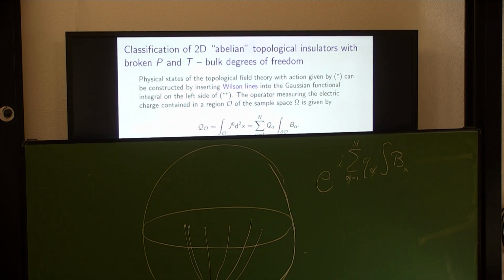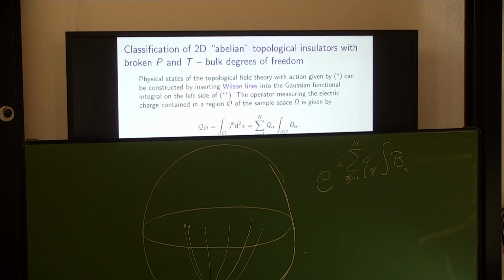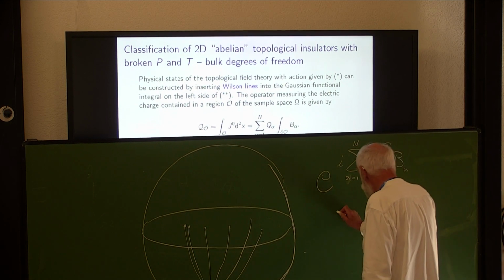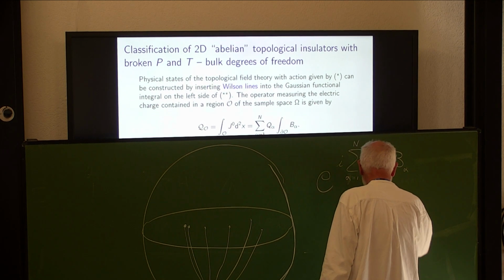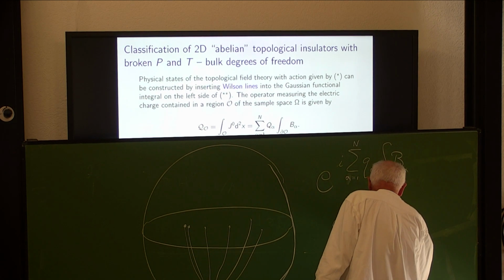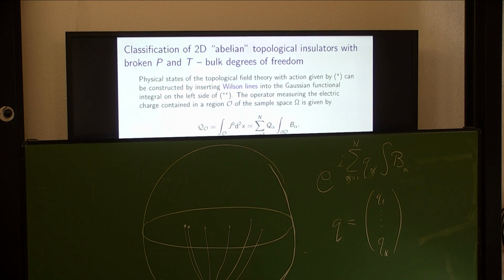If this is a Wilson line that describes an excitation of, say, n electrons, well then, by multiplying the q's by an integer, we just increase the number of electrons described by this Wilson line. This means that these q alphas, if I arrange them as a vector, these should be vertices of a module over the integers.